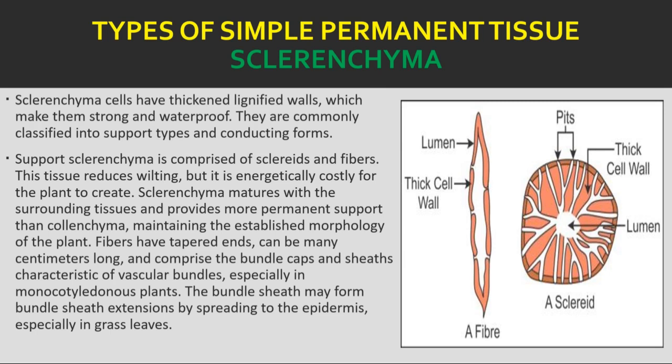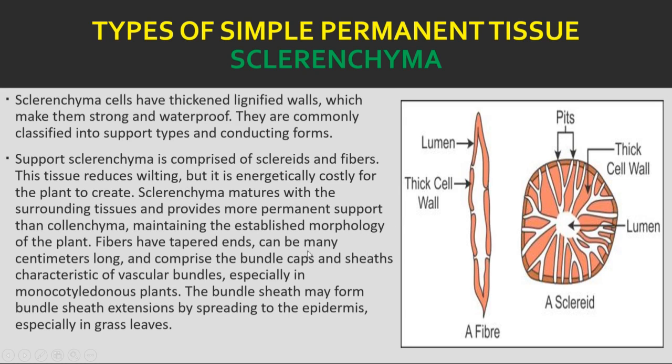over them, and are characteristic of the vascular bundles, especially in monocotyledonous plants. Now sclerenchyma matures over the surrounding tissue and provides permanent support, maintaining the established morphology of the plant.